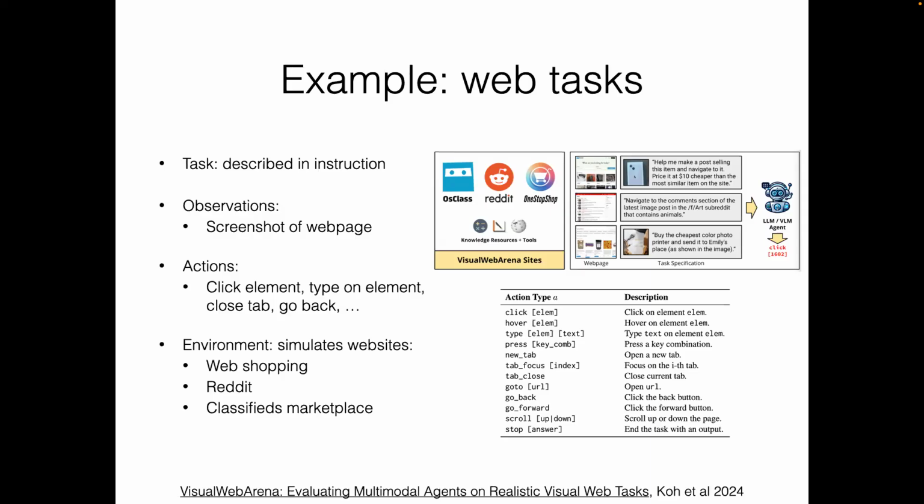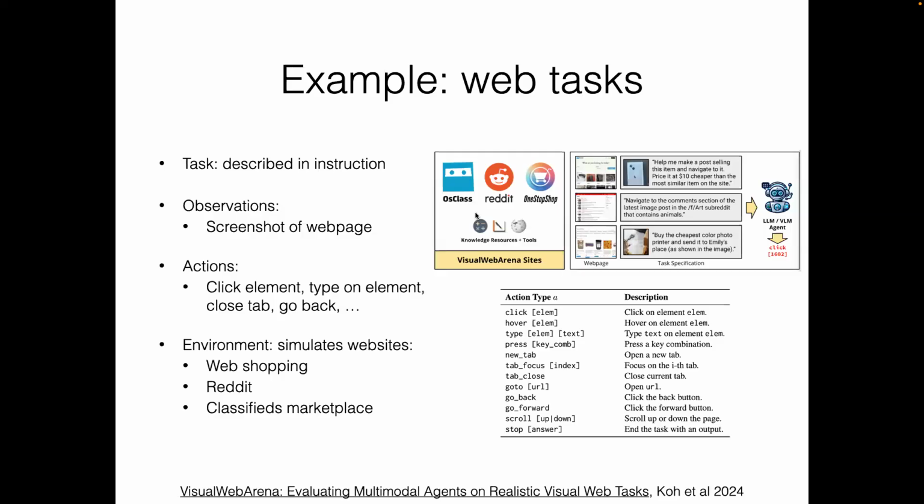Here again, they have tasks like help me make a post selling this item, navigate to it, and price it at $10 cheaper than the most similar item on the site. They basically created fake versions of different web pages. It was like a fake Reddit that they were running themselves and some other ones like a shopping one, things like that.